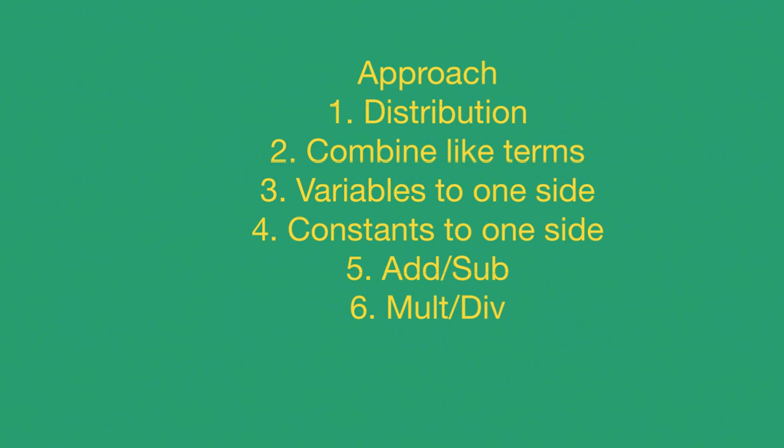We are still going to combine like terms on both sides of that equal sign. We want this equation to be as simple as possible on both sides before we start moving stuff around, okay?